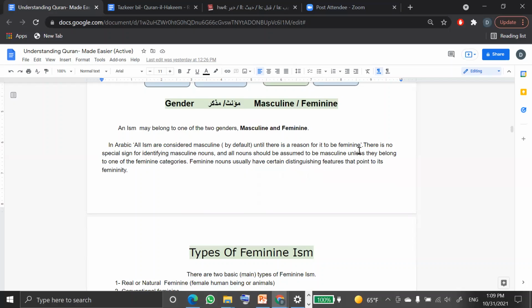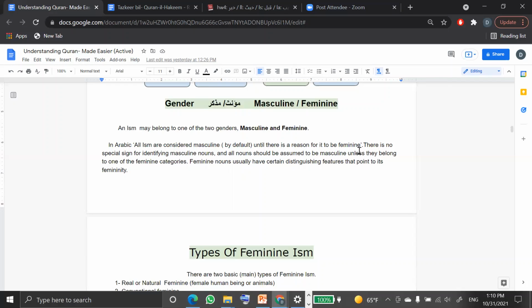By default means they're automatically masculine. But if you see a sign telling you it's a feminine ism, then it's feminine. The moment you hear ummun, you know it's a real feminine. The moment you hear ukhtun or bintun, you know it's a feminine ism, so it cannot be masculine.